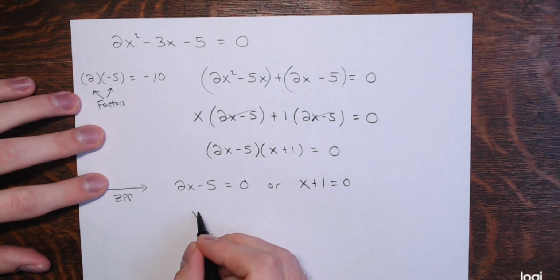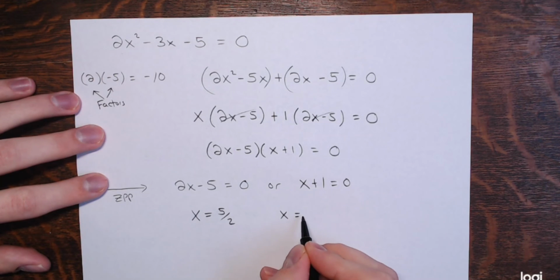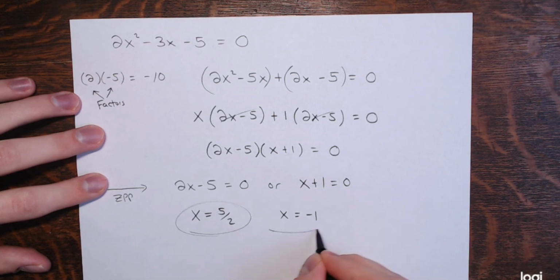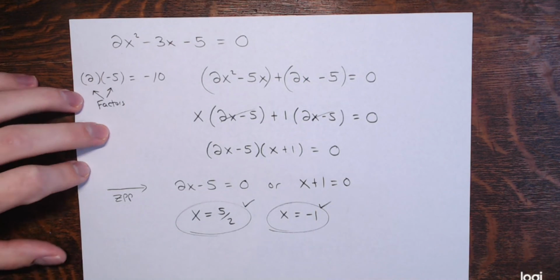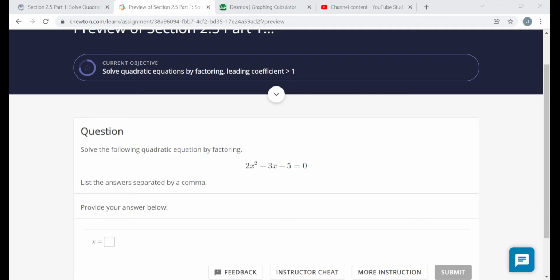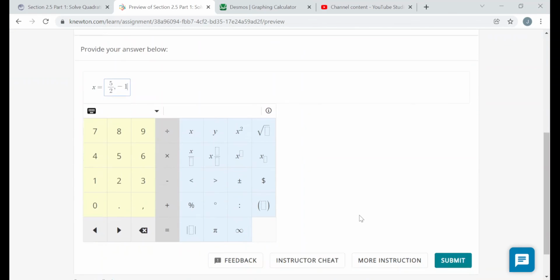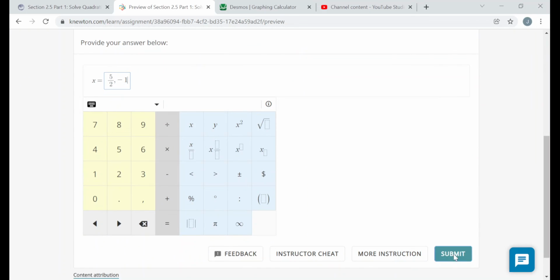So x is either positive 5/2 or negative 1, and they should work. Again, don't forget to check them on your own. I'll leave that to you. Again, type in the solution separated by commas: 5/2, comma, negative 1. Or the other way around, negative 1, comma, 5/2.